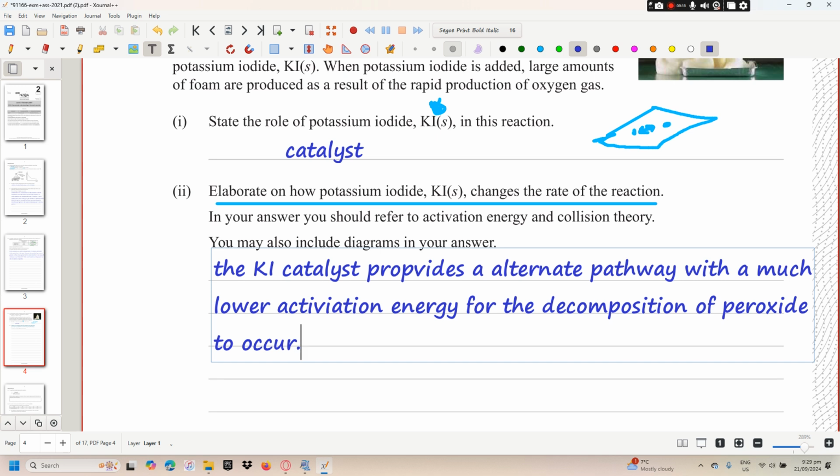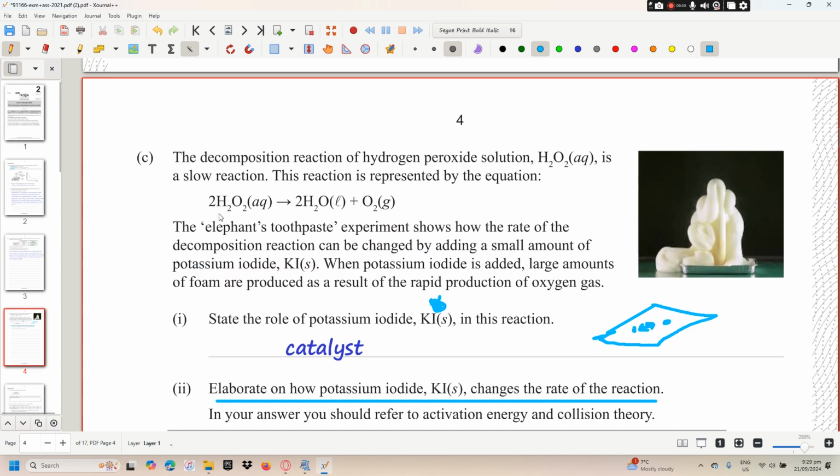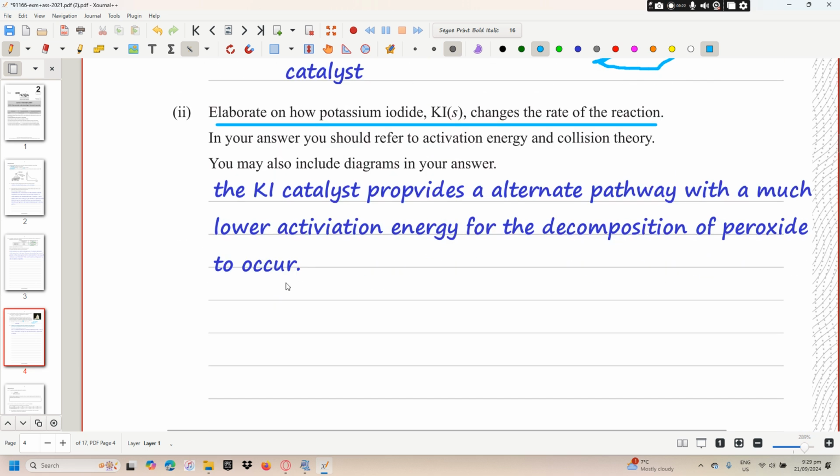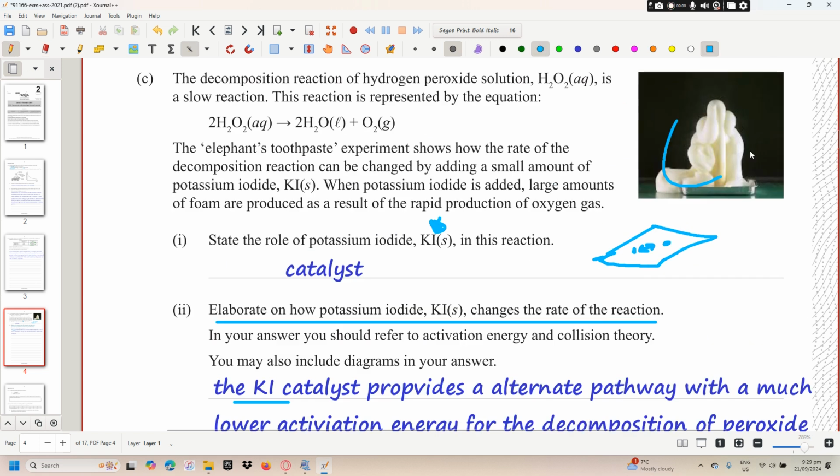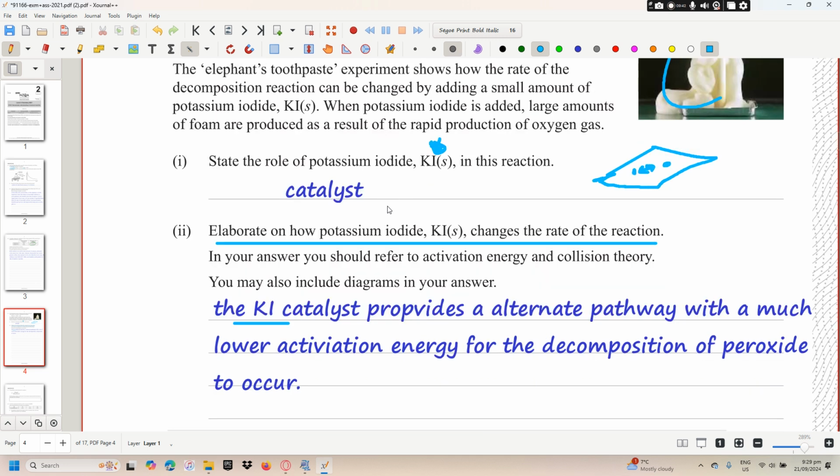It lets the reaction go bang. Remember, reactions like this may be thermodynamically favored, but if the activation energy is really high, they're just not going to happen. But what the KI catalyst does is it makes the activation energy really low, or negligible. It just goes, which is quite useful if you want it to work. You've seen YouTube videos of this going. It just explodes.